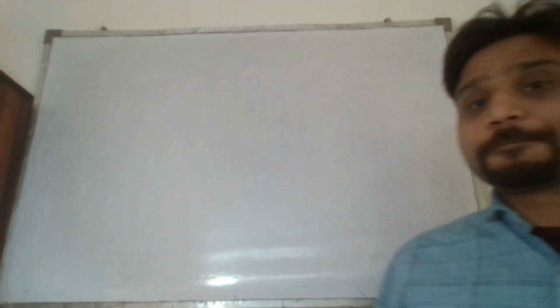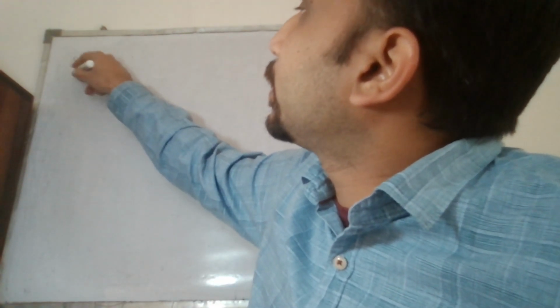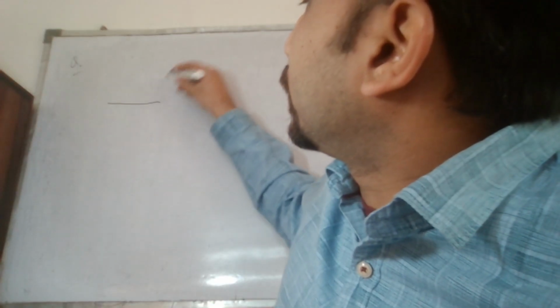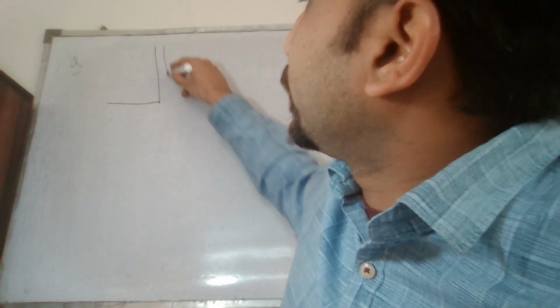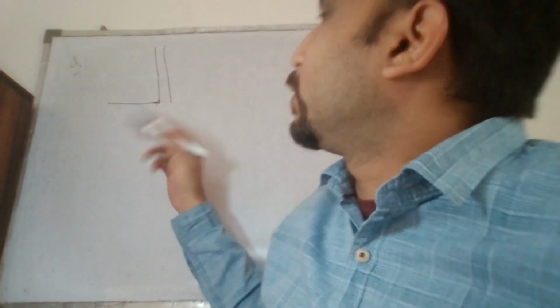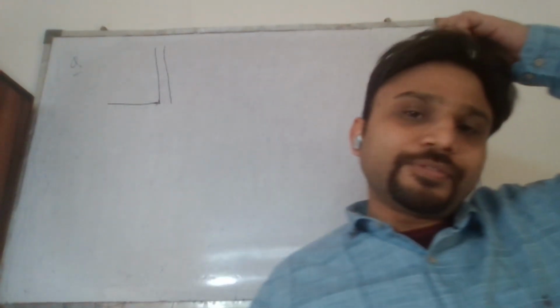Then we have one more question of Venturi meter. So this is a Venturi meter demonstration kind of thing. Usually you will see Venturi meter when you get to your first year of engineering.